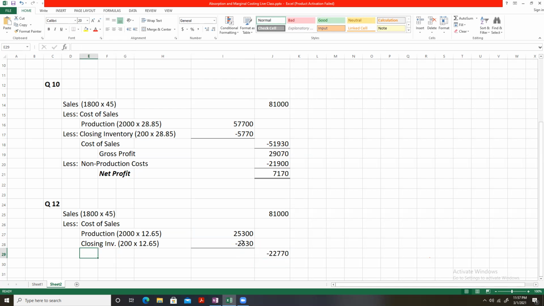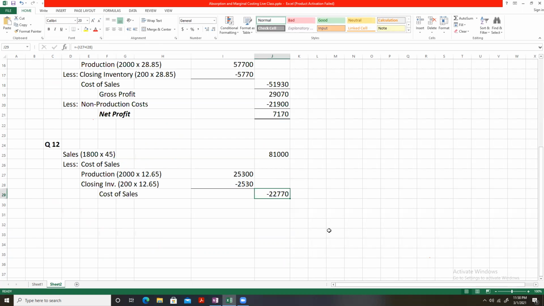The cost of sale under marginal costing will change, as the values of inventories have changed. This is the cost of sale.